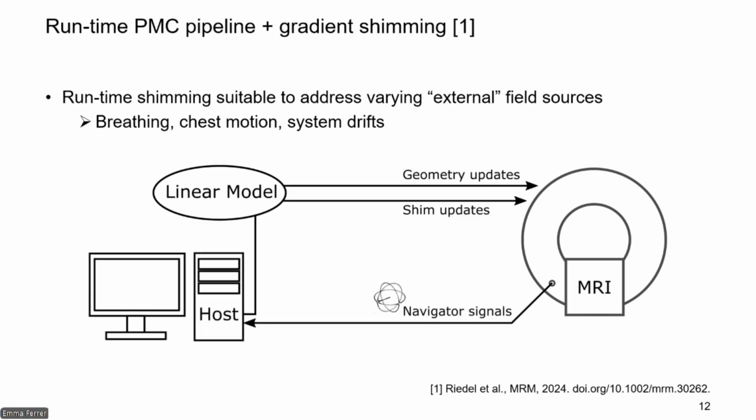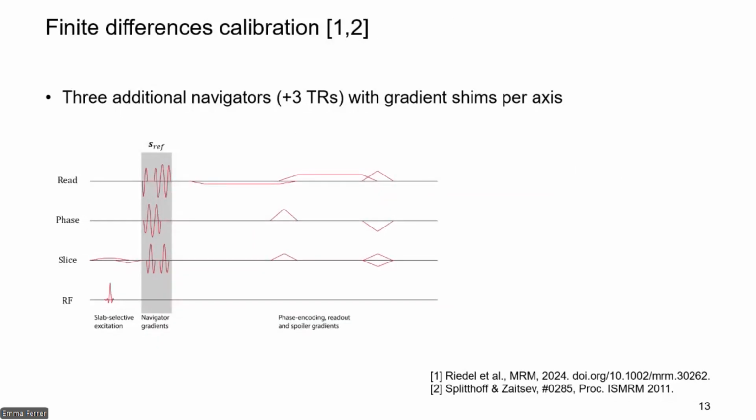So we do the same thing: navigator signals, linear model, and updates. The things that we have to add now are 3 columns in the linear matrix, because we need to estimate these parameters and do the updates then. And we do it again by a finite differences calibration.